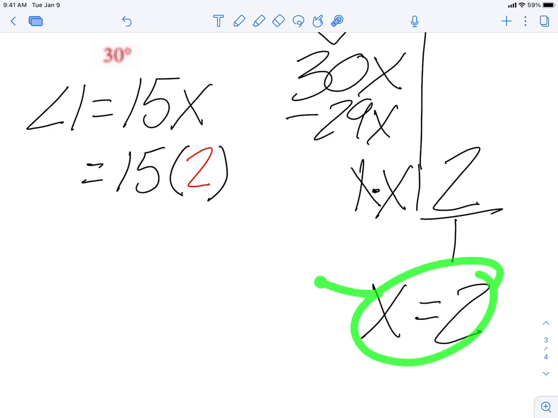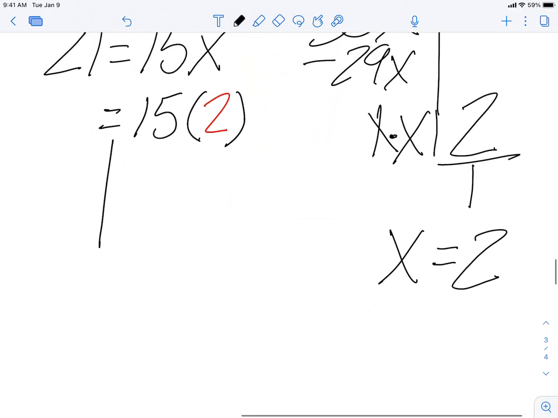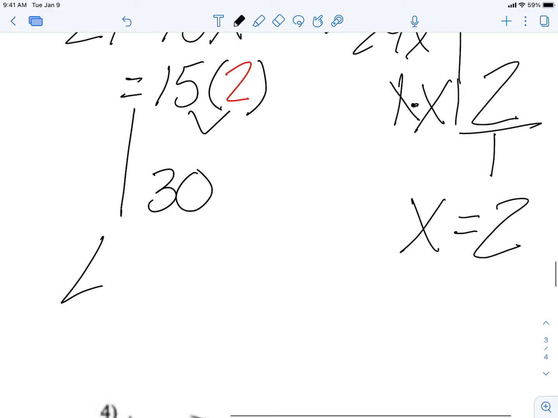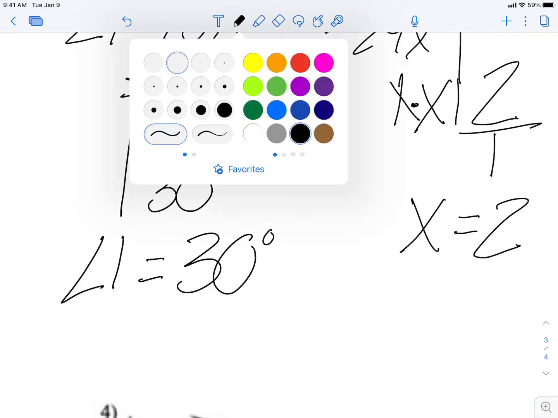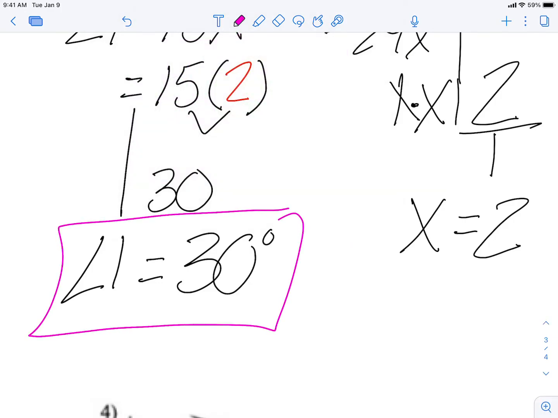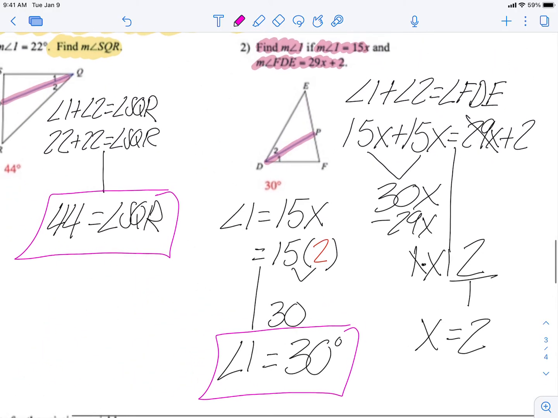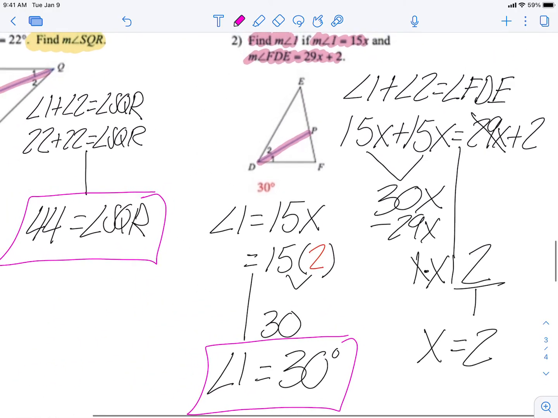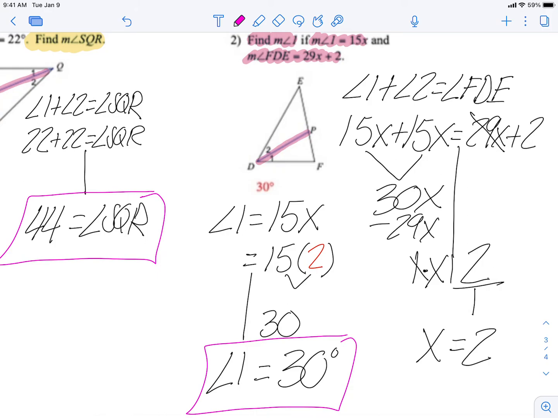Because x is equal to 2, so 2 goes in there. Line of separation, 15 times 2 is 30. So angle 1 is equal to 30 degrees. And look at that. That is our number 2. We found angle 1. Angle 1 is equal to 30 degrees.